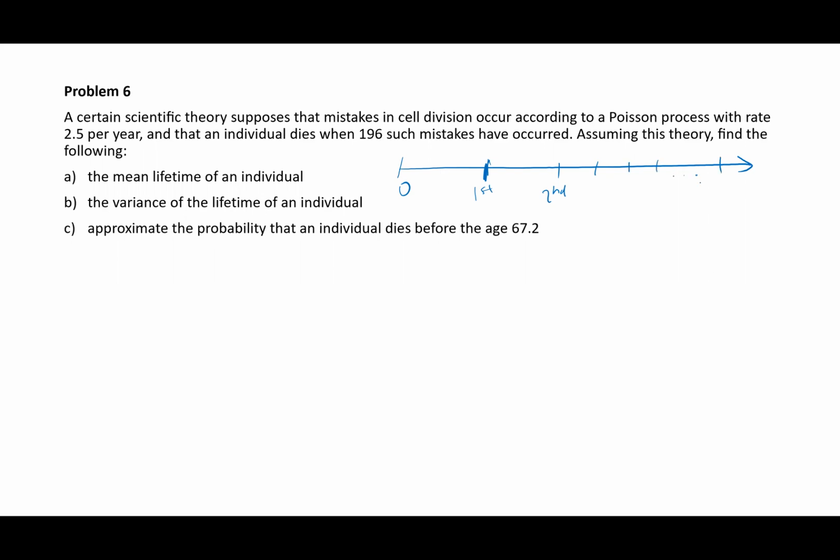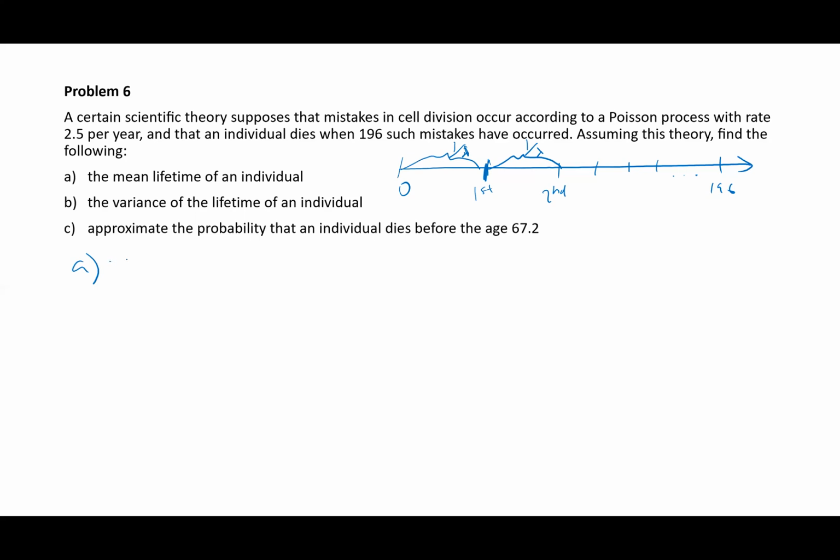Ultimately, your last mistake is the 196th. Because this is a Poisson process, the expected time until the first mistake is simply 1 over lambda, which is 2.5 per year. The expected time from the first to the second mistake is again 1 over lambda.